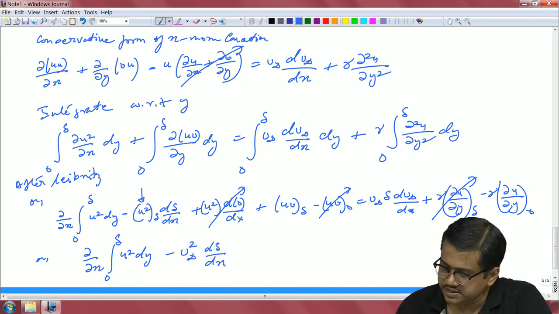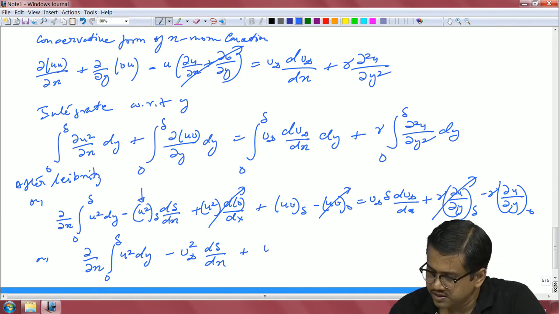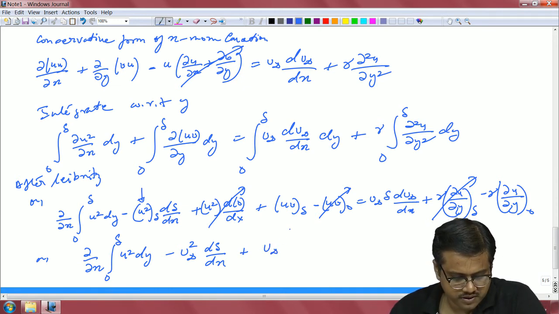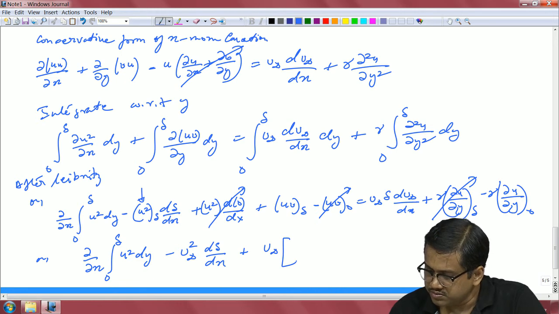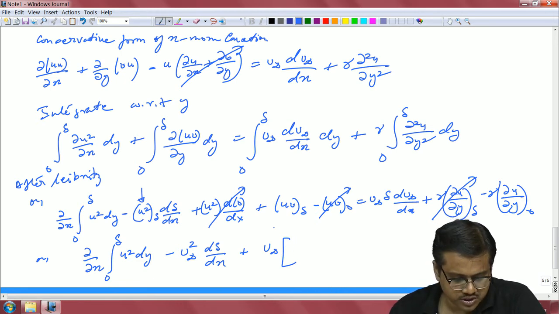This part remains the same, plus u infinity. If you take the u infinity, v is equal to actually u infinity.